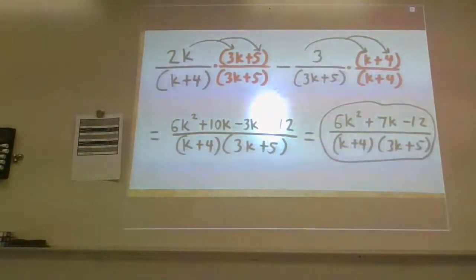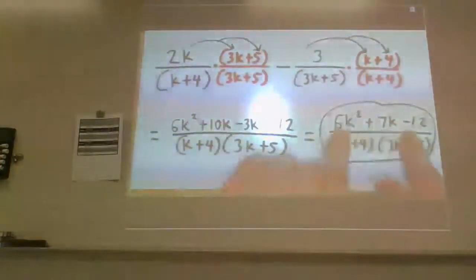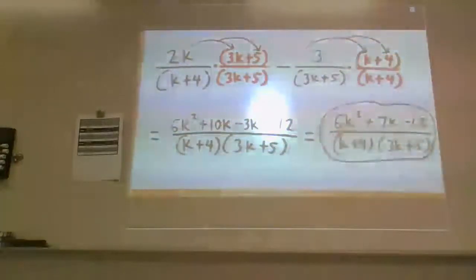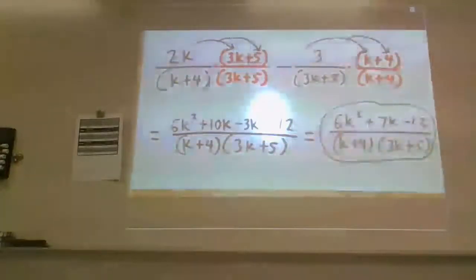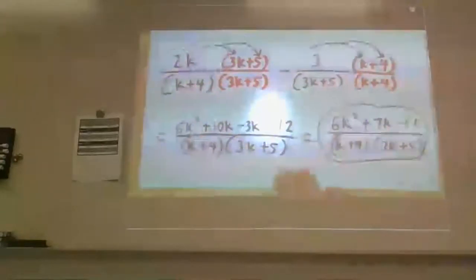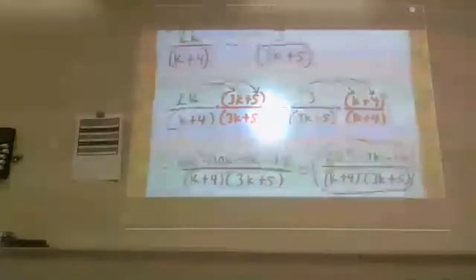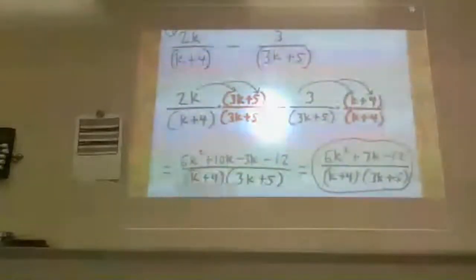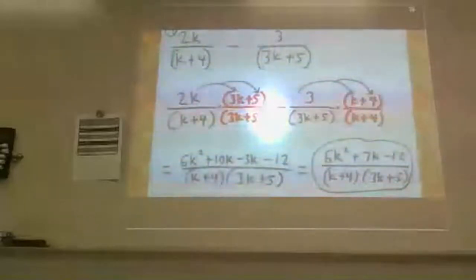In future problems, you may be able to factor this farther, but not on this problem. But again, it's the same thing. Identify what is missing, force the multiplication, clean up the numerator. That's the process for every single one of these problems.